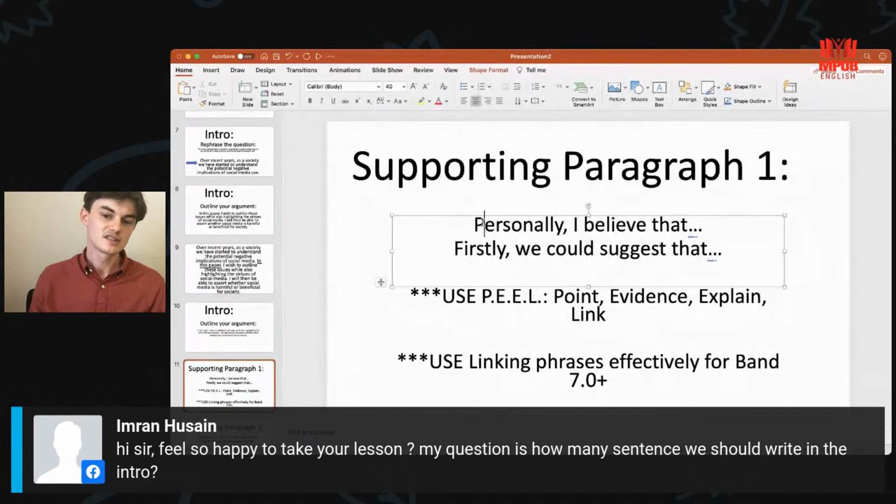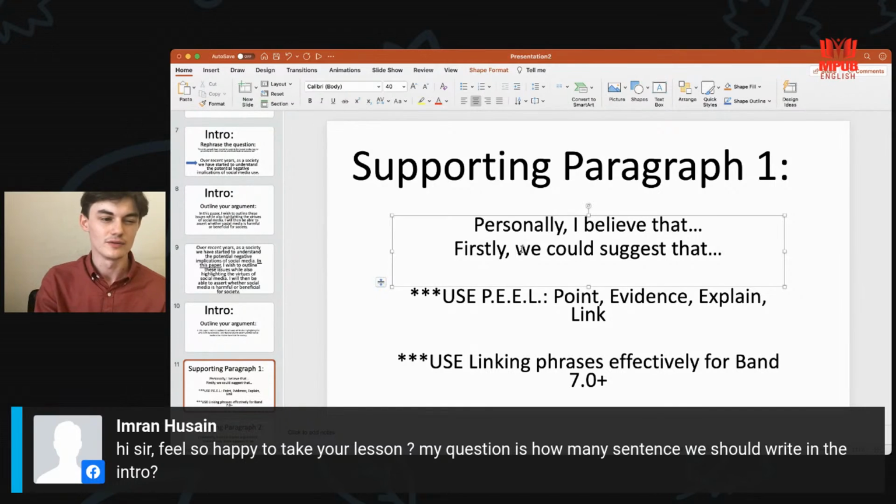So we could say, personally, I believe that. Firstly, we could suggest that. And here's where we can look at our plan. Here's my plan right here, so I'm going to consult my plan. And we could say, so I've got written down here in the bad column.